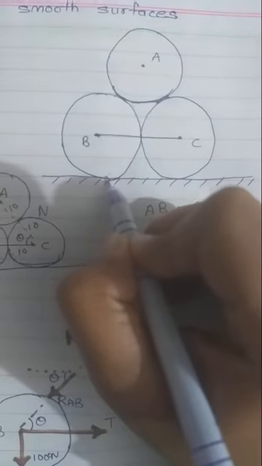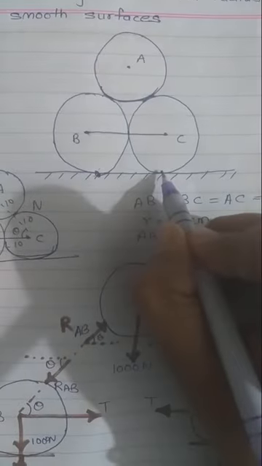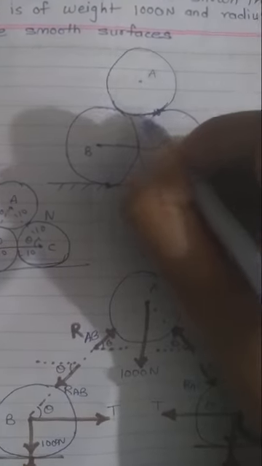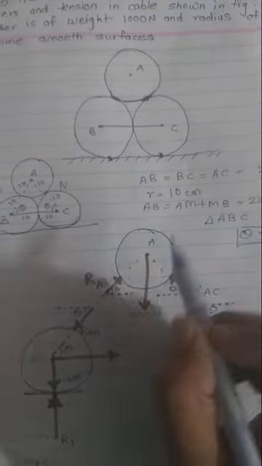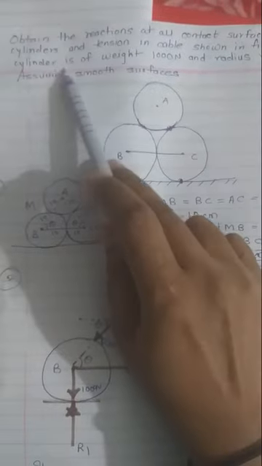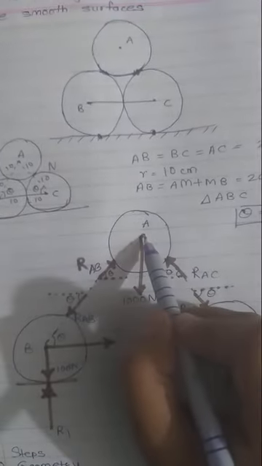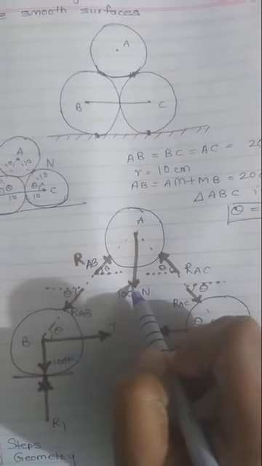Okay, so this sphere is touching at this point, this point and this point. So if I consider sphere A first, the obvious reaction is the weight of the sphere. So weight of this cylinder is nothing but 1000. So for that sphere or cylinder, the weight is 1000. So the obvious reaction I have drawn first.